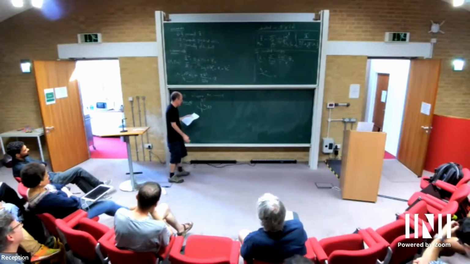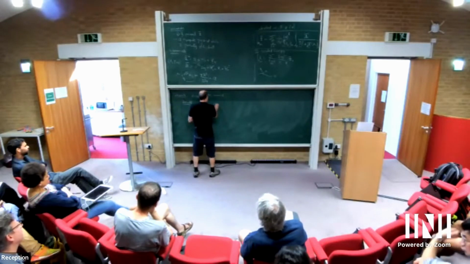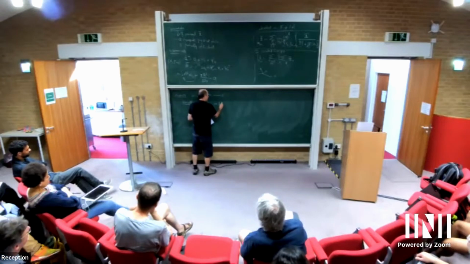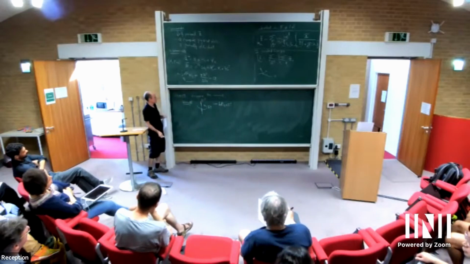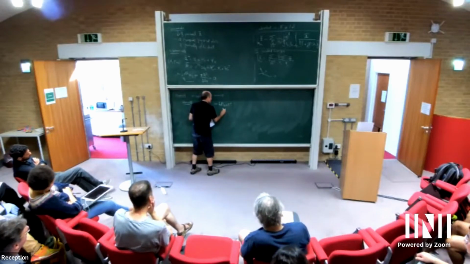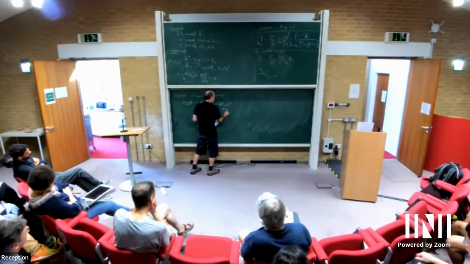And if you take lots of these branes and you back react them, you get the AdS4 times S7 solution of eleven-dimensional supergravity. That's dual to an N equals 0,2 field theory in 60.